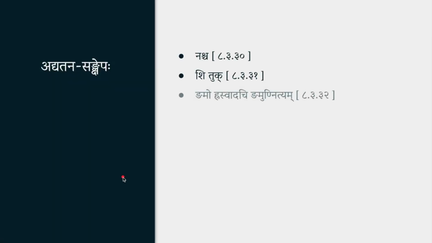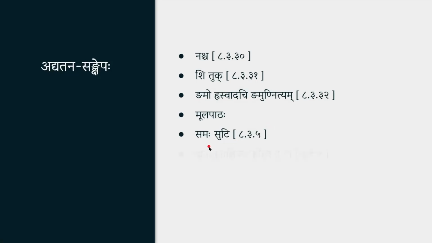Adyatana sankshepaha: adya nascha, shituk, namo raswadachi namo nityam, these are the agamas we have covered. Nascha ityatra dhuragamaha, shituk ityatra tugagamaha, namo raswadachi namo nityamityatra trayaha agamaha asmabhihi patitaha. Punaha molapatam drishtavantah, tataha param rutva prakaranam drishtavantah. Rutva prakarane ru iti vidhiyate.